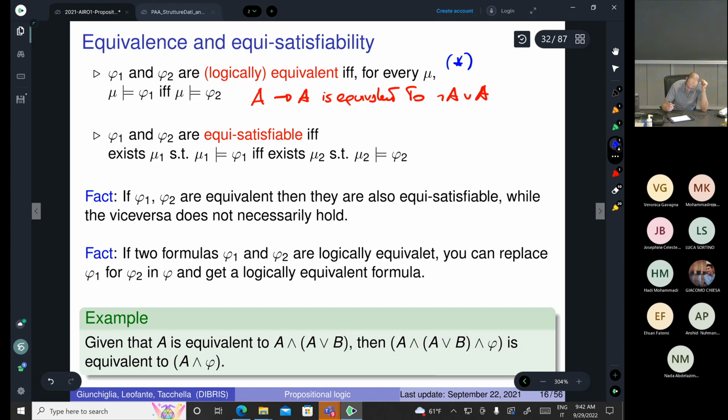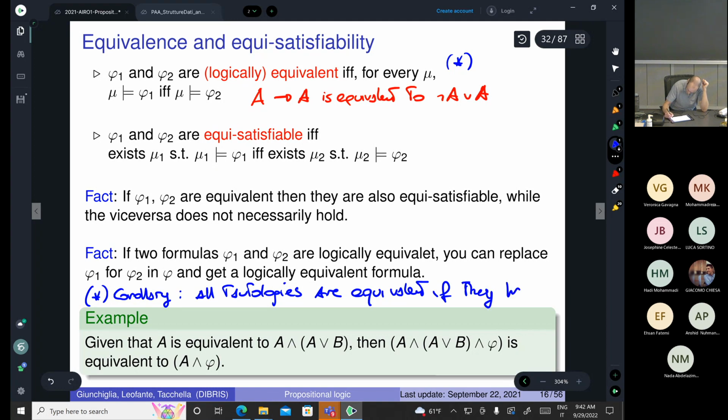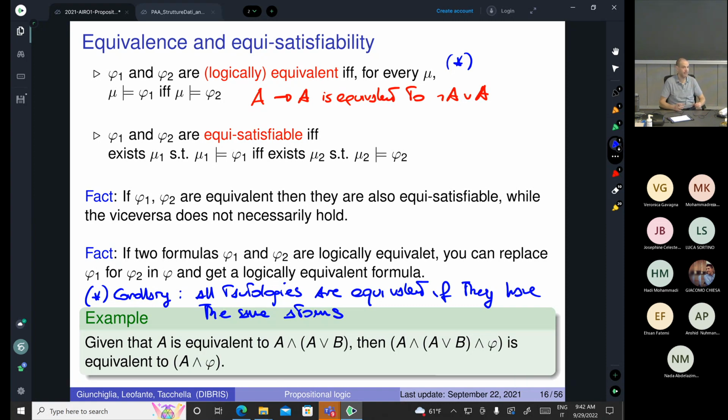A corollary of this is that all tautologies are equivalent if they have the same atoms.